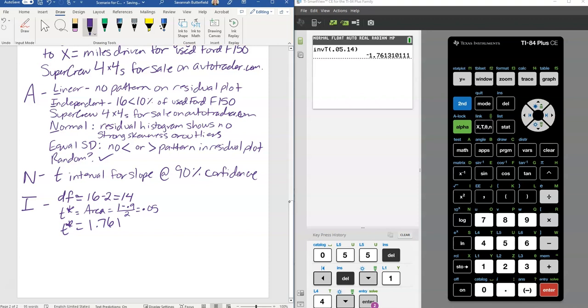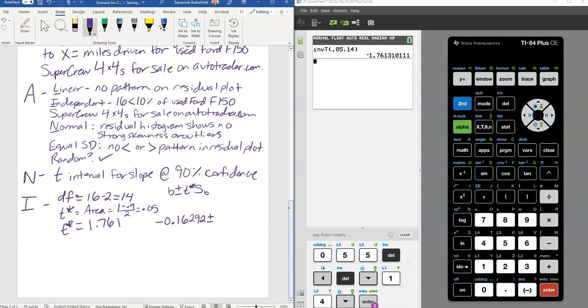Okay, now for my interval, remember we're going to do b plus or minus t star times my standard error. And so going to my computer output, remember it told us our b value was negative 0.16292.